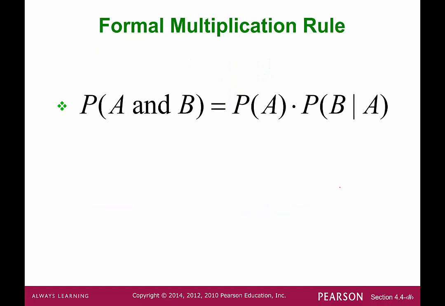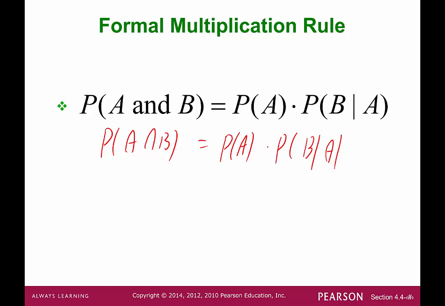So the probability of A intersect B is the probability of A times the probability of B given that A occurs.